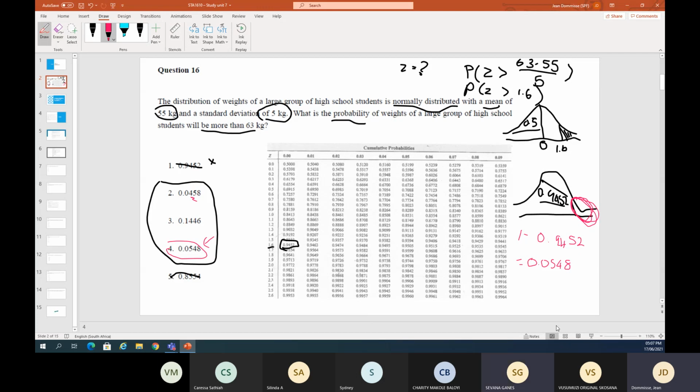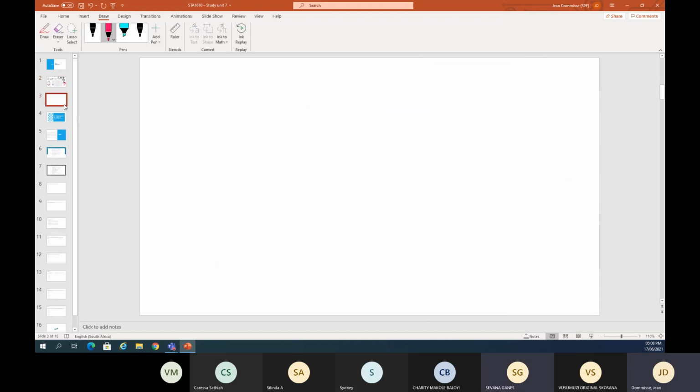Tables. Yeah. Okay. So let's quickly just include a new slide. If I want that small area or that small area, and you want to get a probability, you can use the negative table.